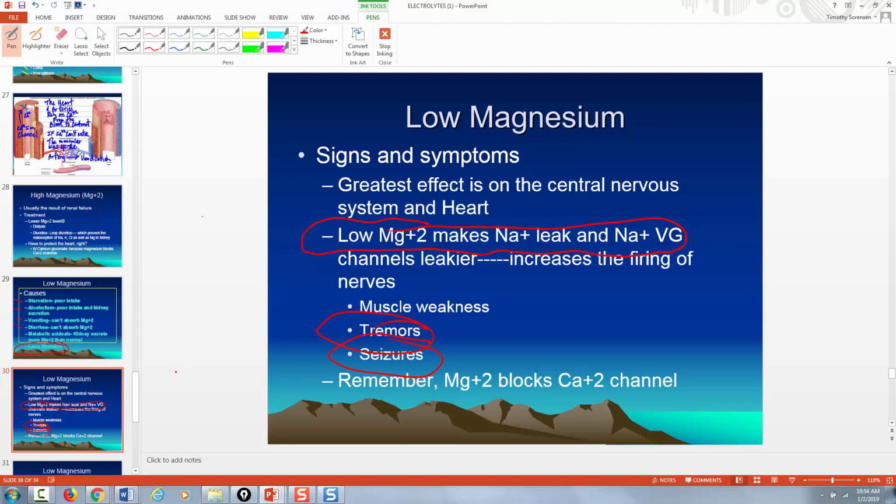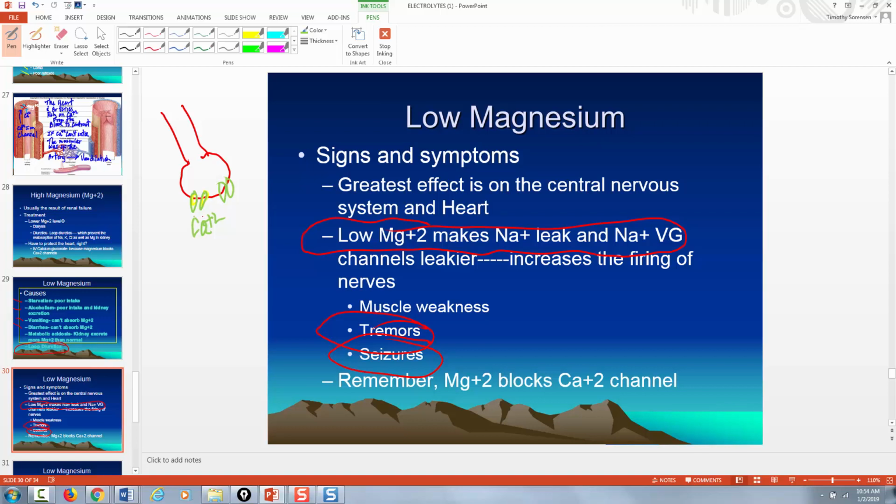And if you recall too, magnesium blocks calcium channels. And in order for a nerve, so this is the end of the nerve, in order for a nerve to release neurotransmitter, at the end of the nerve, that's a bad color. Is that better? Yeah. At the end of the nerve, there are little calcium channels, right?